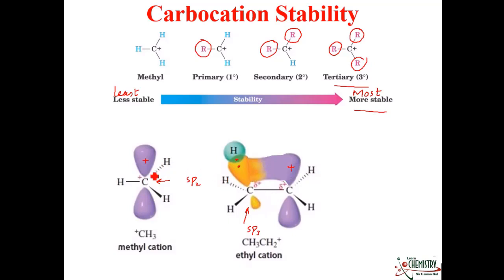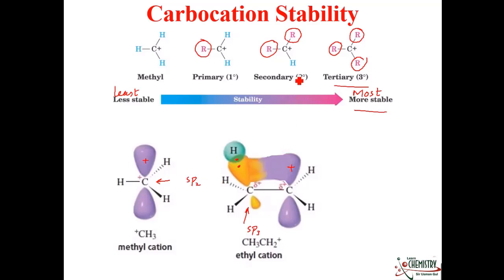If you compare this with the methyl carbocation, in the methyl carbocation the positive charge was localized, but because of this parallel electron pair orbital, the positive charge will be delocalized. Remember that whenever the positive charge is delocalized, it will be less available. If it is less available, it will not react easily. That makes it more stable.